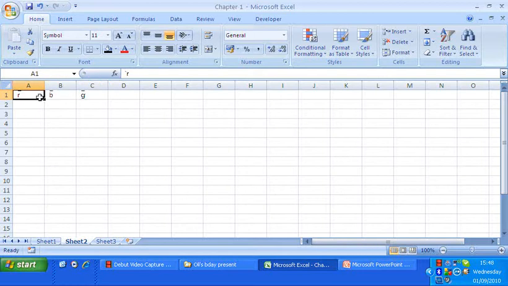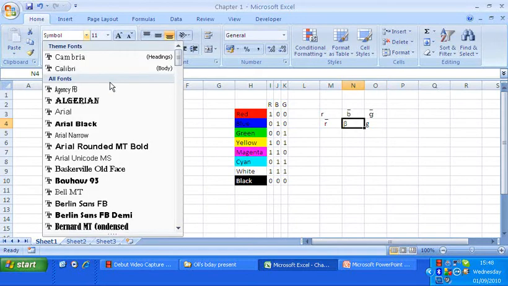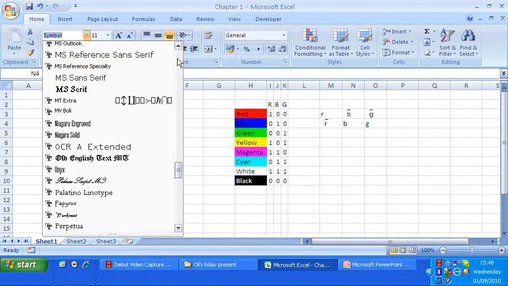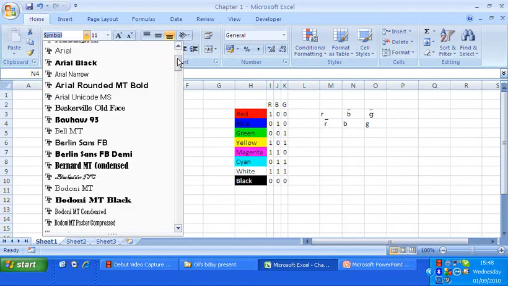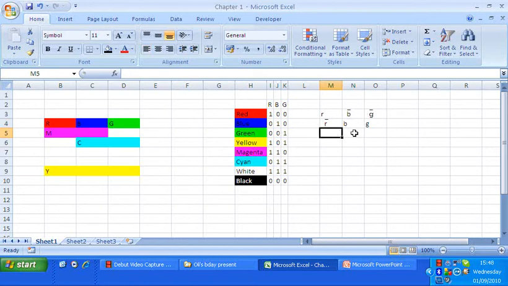And let's fill in the rest of this grid as well. So blue can be represented as not red, blue, and not green. This needs to not be a beta symbol, but just a regular symbol there.